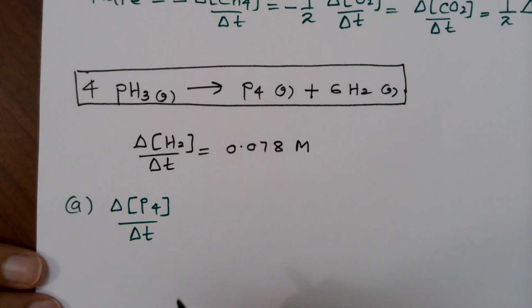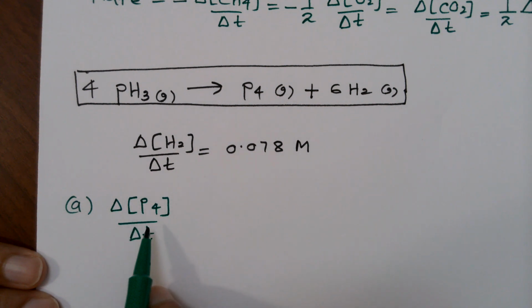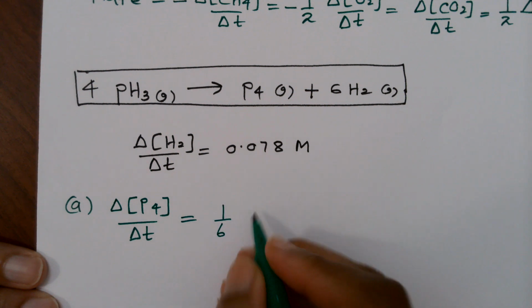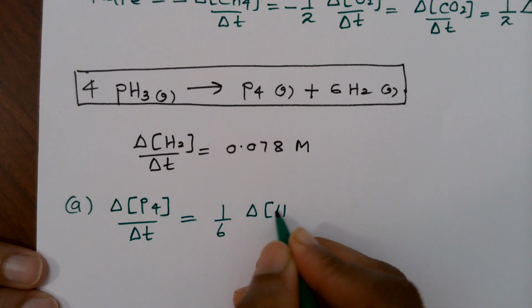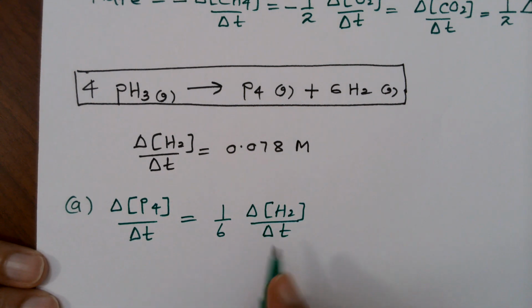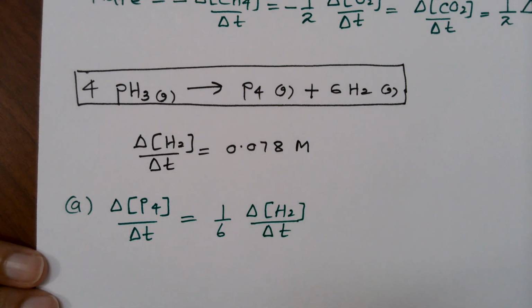We need to calculate the rate of appearance of P4 with time delta T. So our rate expression, we can relate P4 and H2 as change in concentration of P4 over time is equal to 1 divided by 6 change in concentration of hydrogen with time. But this part, change in concentration of hydrogen with time value, is given 0.078. We can substitute 0.078 here.